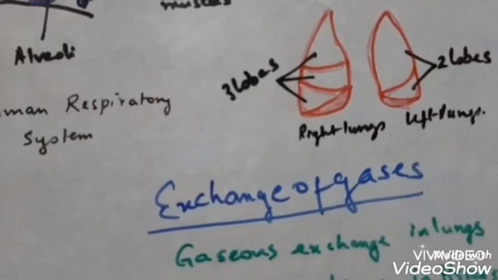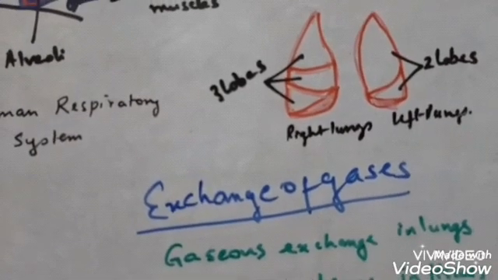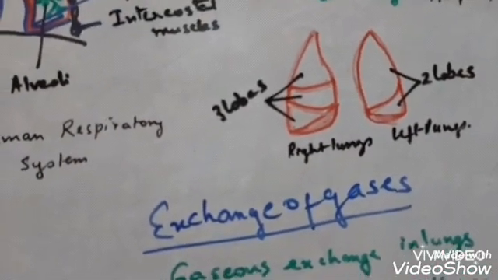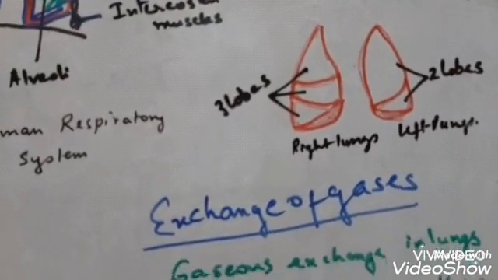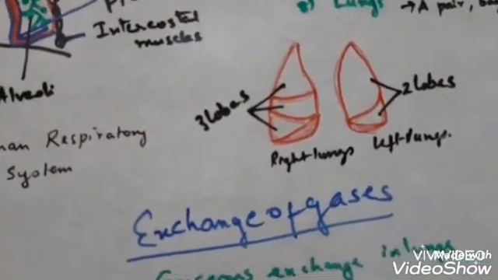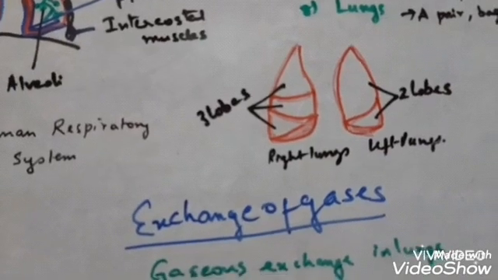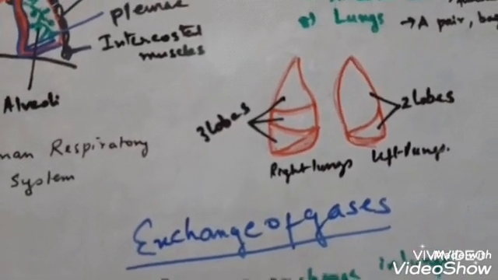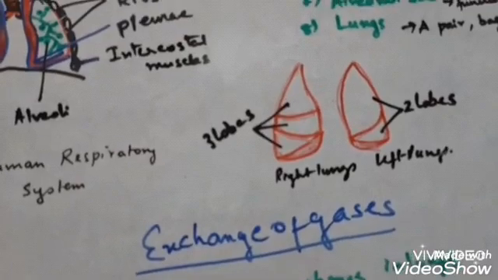So oxygen diffuses from the alveoli to the blood, and these blood capillaries have a high concentration of carbon dioxide. So it brings the carbon dioxide from the tissue through the blood into the alveoli.